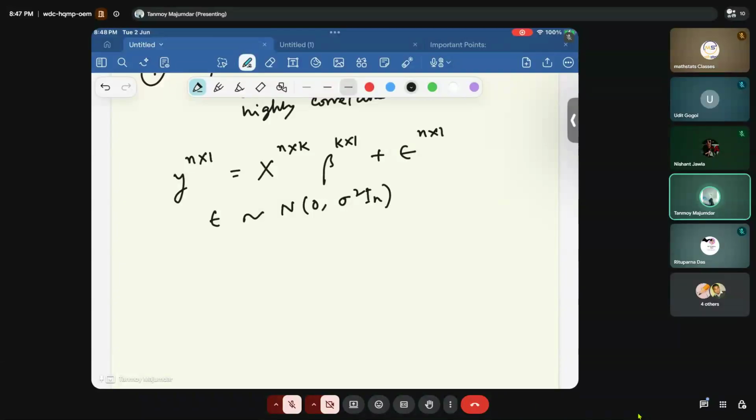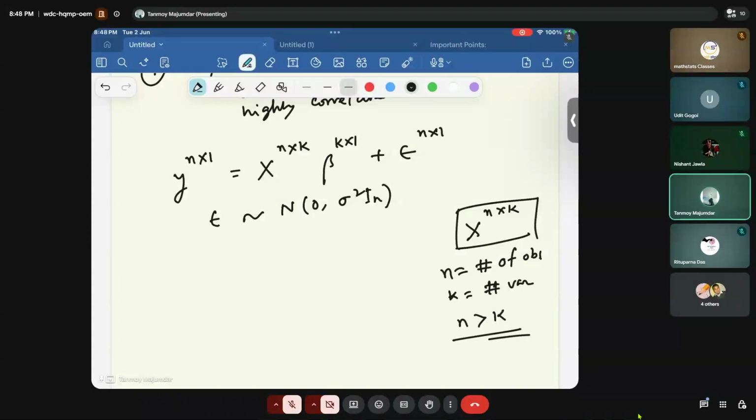One more thing, X is n cross k. Obviously n is the number of observations and k is the number of explanatory variables. So in multiple linear regression, n should be greater than k.